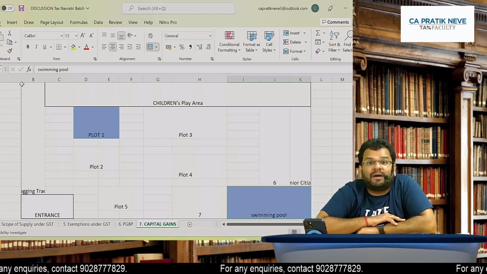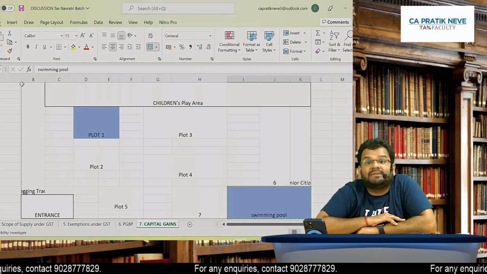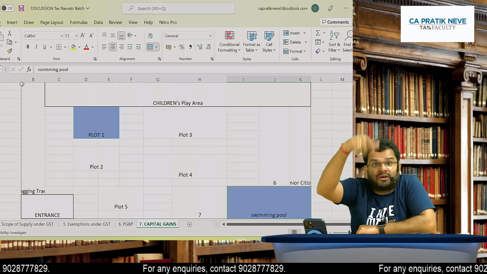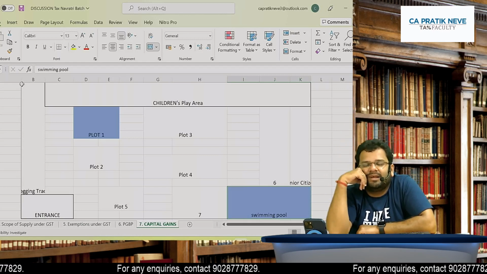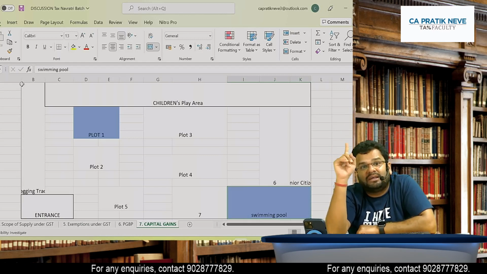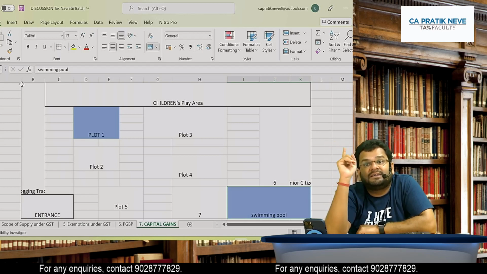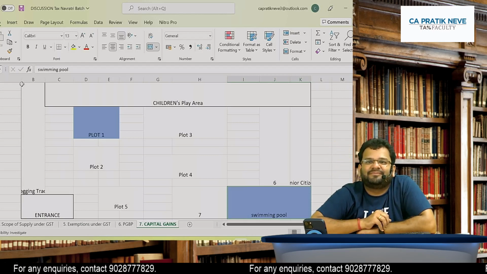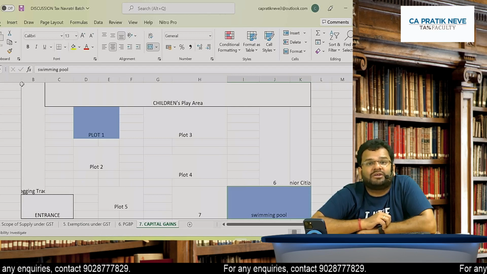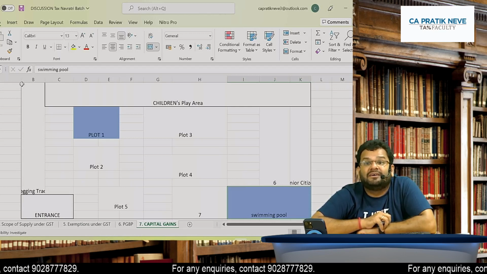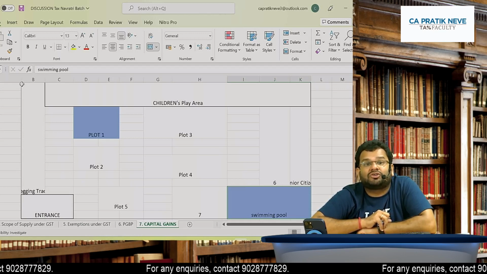What is FMV? Fair market value, as on the date of conversion. So you have to take the FMV of 16-17 as the sale price, minus expense on transfer, which gives net sale consideration, less cost of acquisition, less cost of improvement.